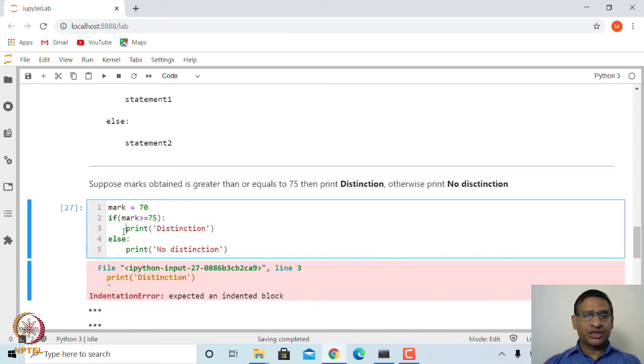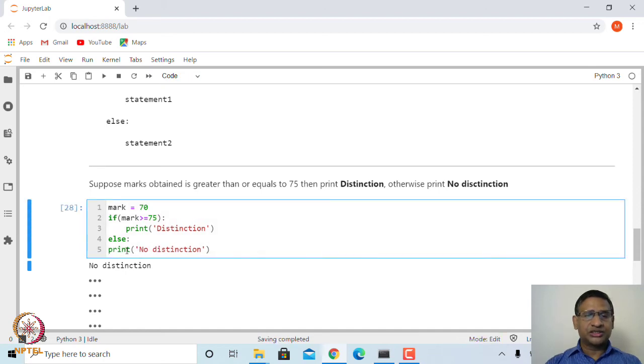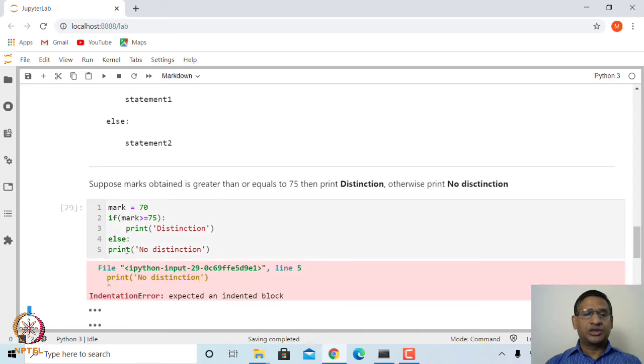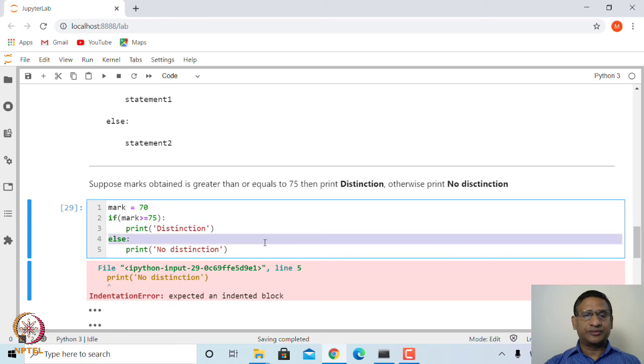The advantage of using this kind of editor is that when I press enter, the cursor automatically goes inside, and similarly in this case it goes inside. Even if you put this not aligned properly, it will give you an error, again expected indentation. And the colon is also important. The colon simply tells you that something is to follow, it is not complete, some statement has to follow. That is roughly what it means.